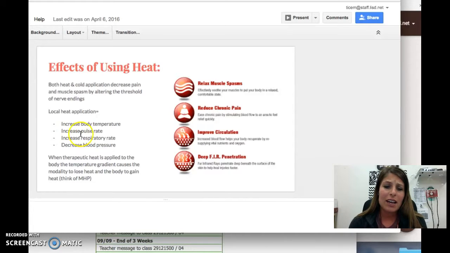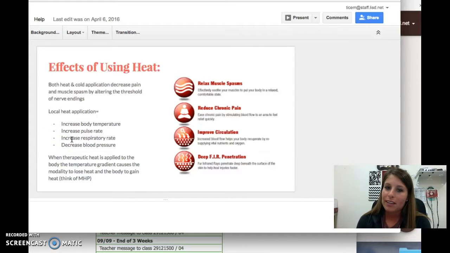So if you look down here, you'll see local heat application. Local is going to be talking about heat applied to a specific area. If I have a moist heat pack on this shoulder, my foot is not getting warm. It is a local reaction, just to that general area. So in that area, we have an increase in body temperature, an increase in our heart rate, an increase in our breathing rate.